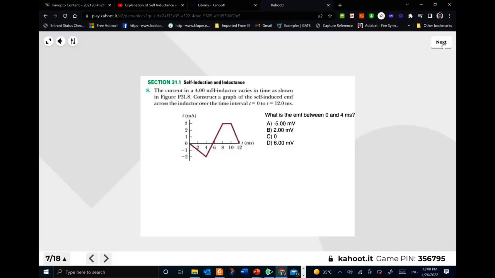Okay, so here just determine what is the EMF between 0 and 4 milliseconds. Between 0 and 4 milliseconds, 1 minute and a half. So this is very similar to the previous one, actually.